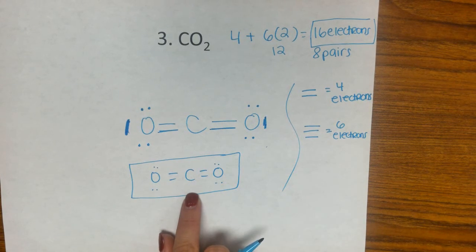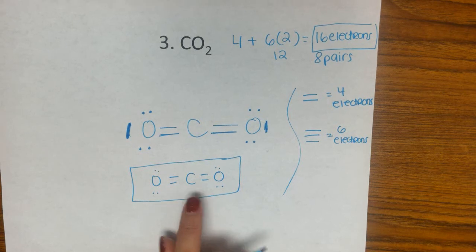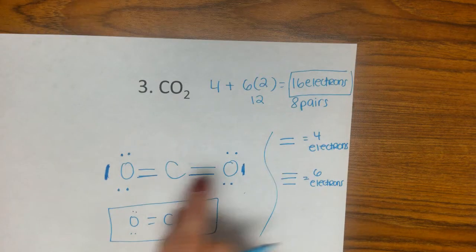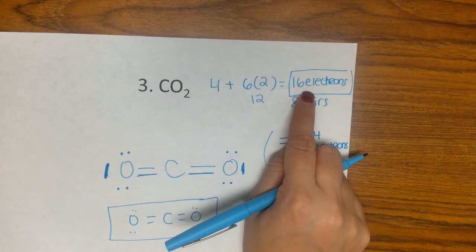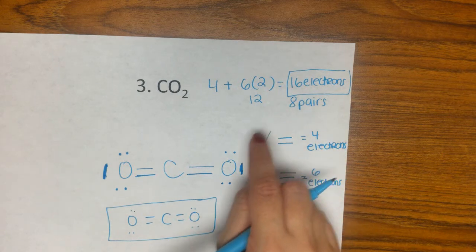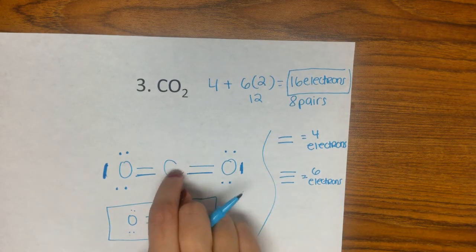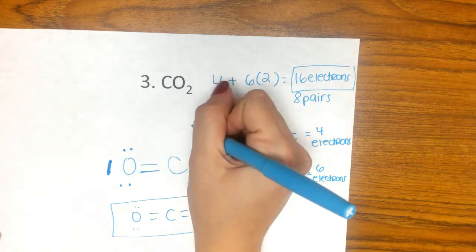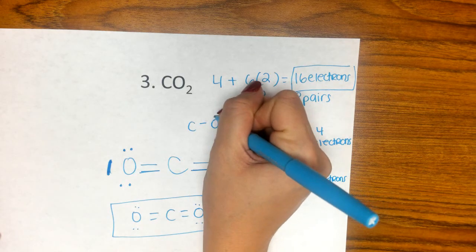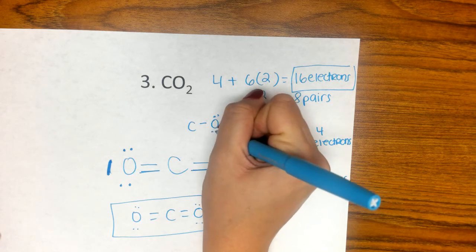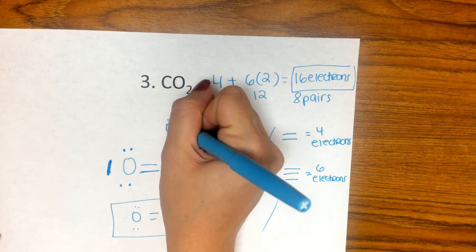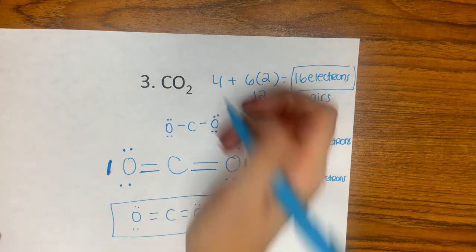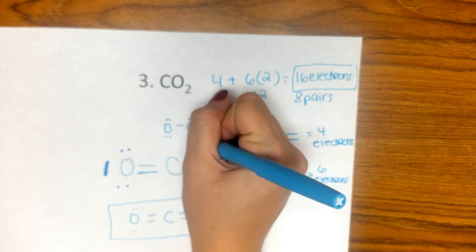Now again, we didn't just put pairs on the center atom because there's only 16 pairs total. And if I had erased one of these and put it on carbon, let's say instead of making a double bond, I just put them on carbon.